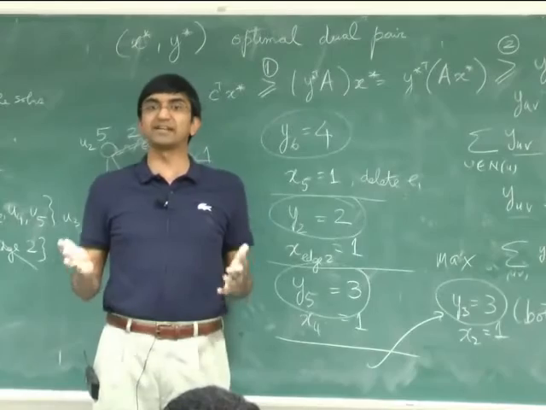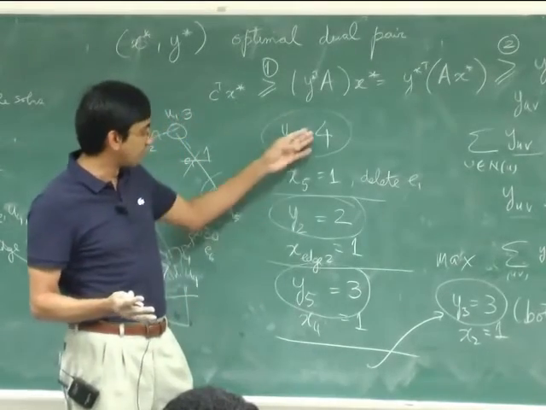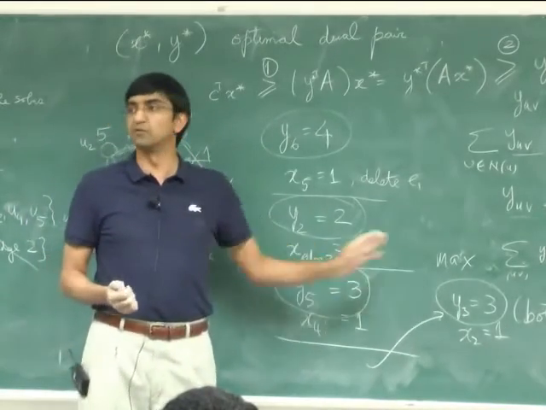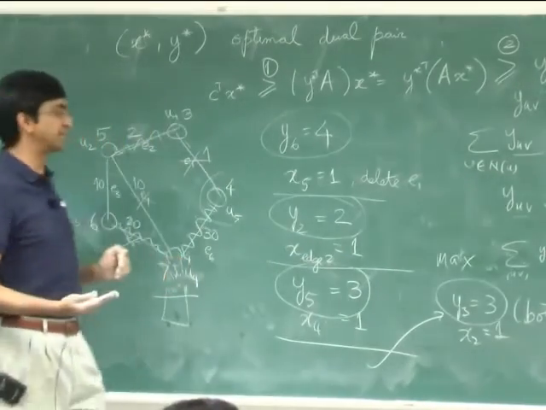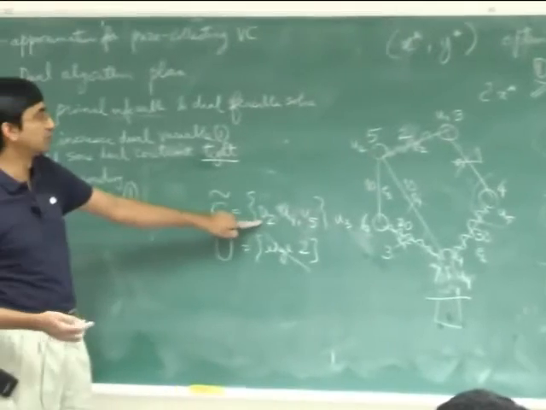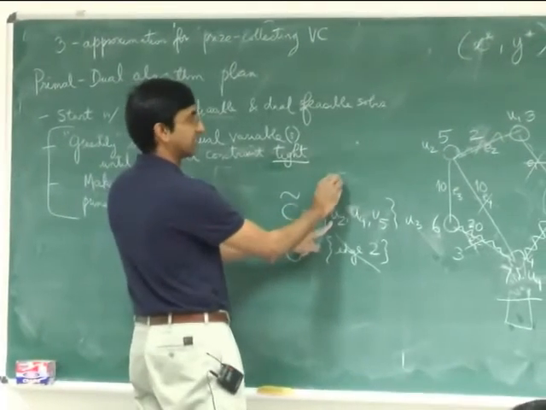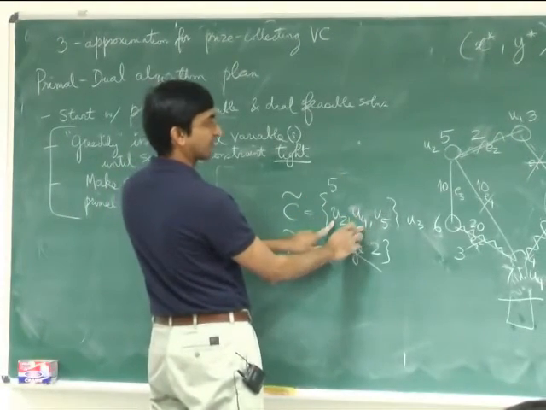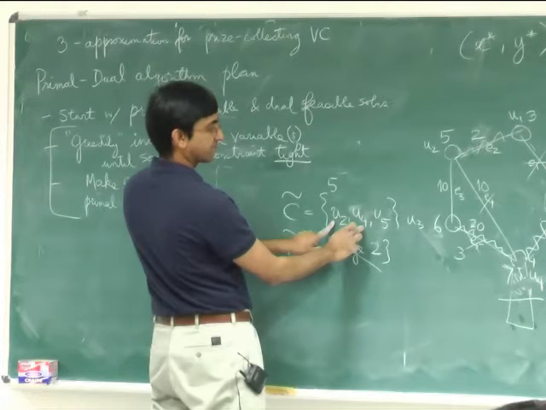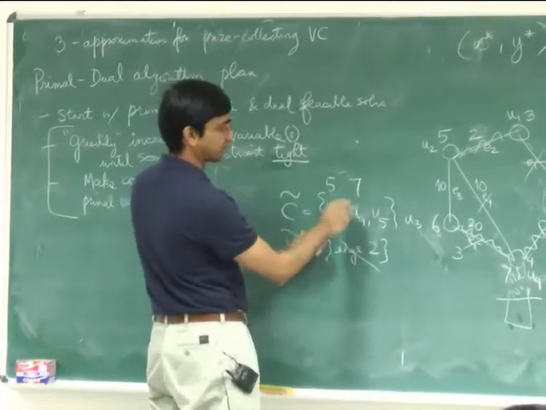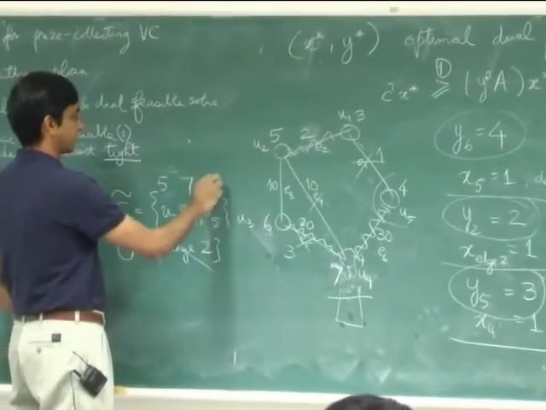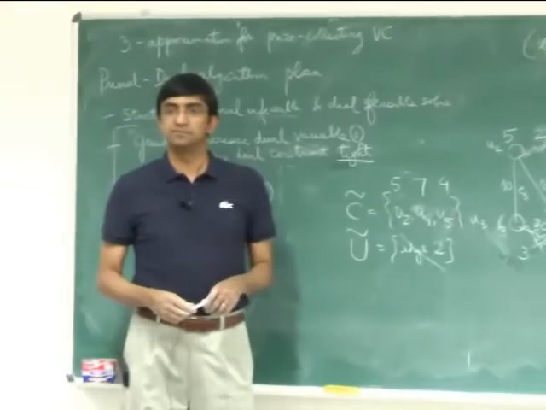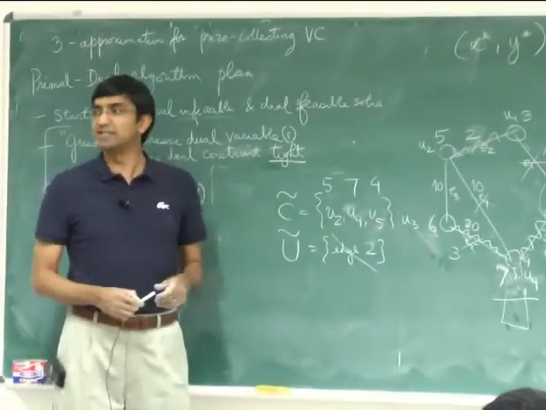How much money have I collected in the dual? 4 plus 2 plus 3 plus 3, 12 rupees. How much am I paying in the primal? U2 is 5 rupees. U4 was 7 rupees. And U5 is 4 rupees. So I paid 16 rupees.